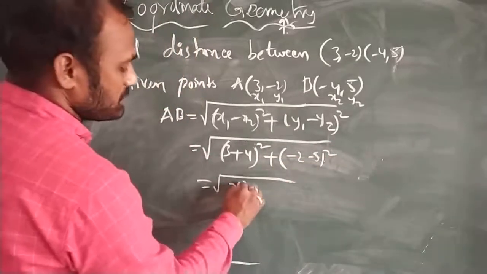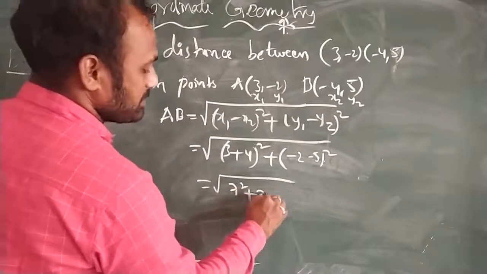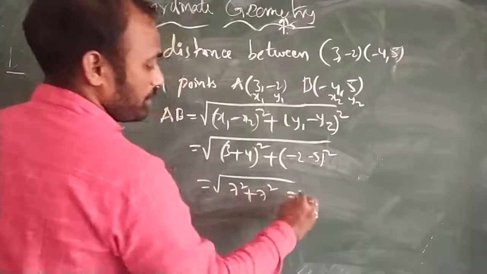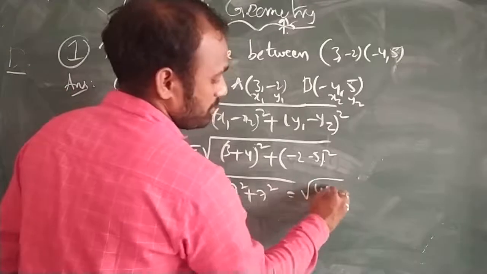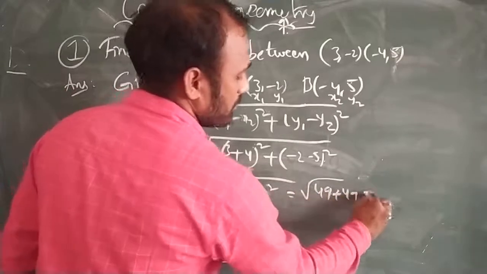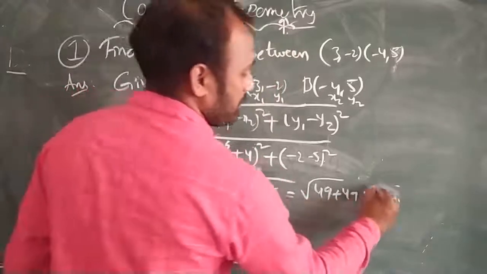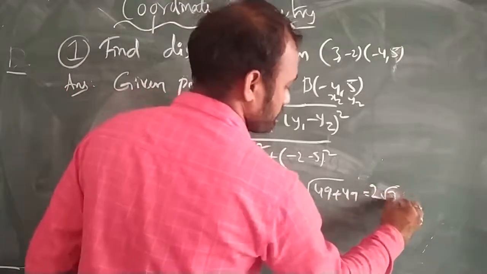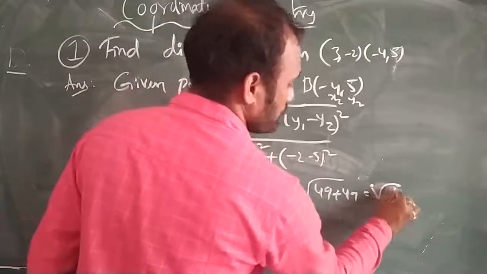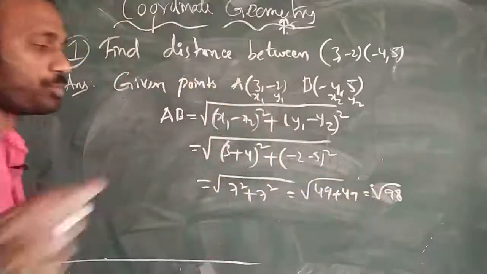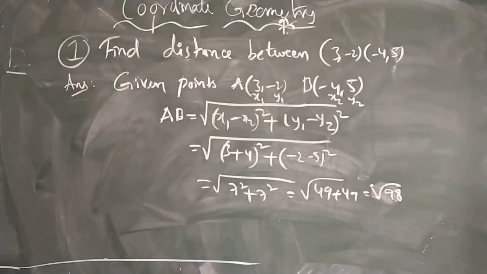Root of 7 square plus 7 square, which is 49 plus 49, that is root 98. We can also write it as 7 root 2 units.